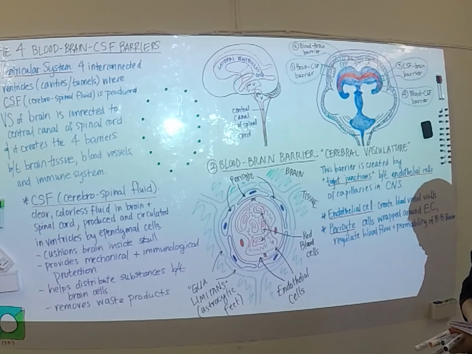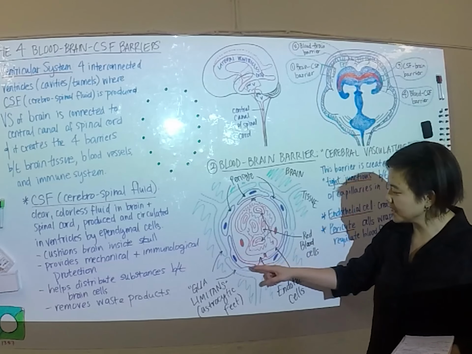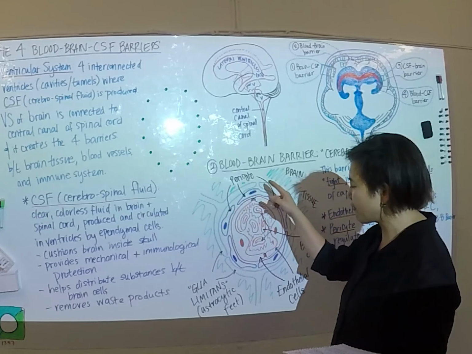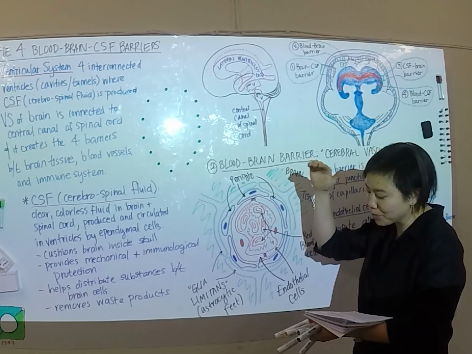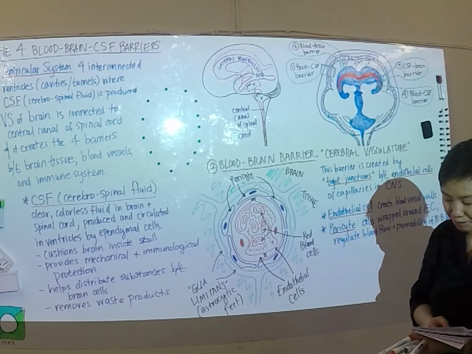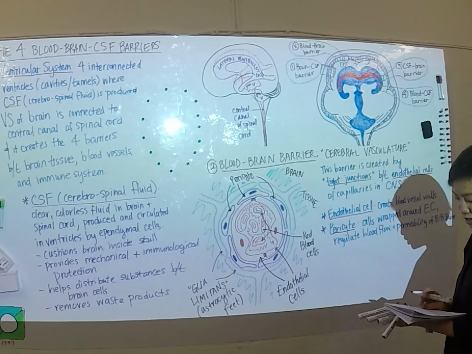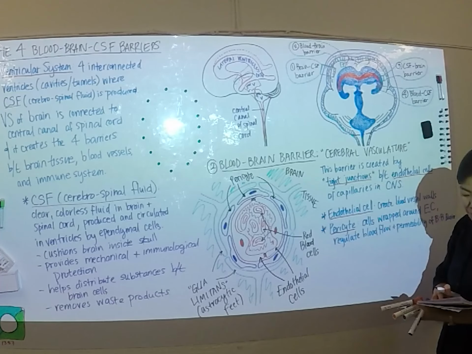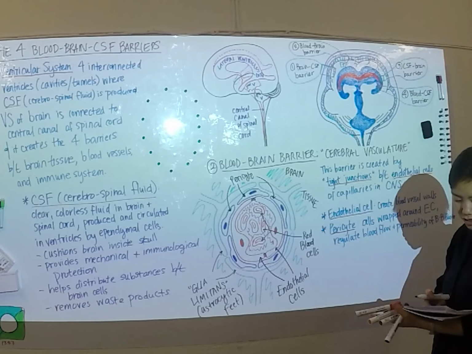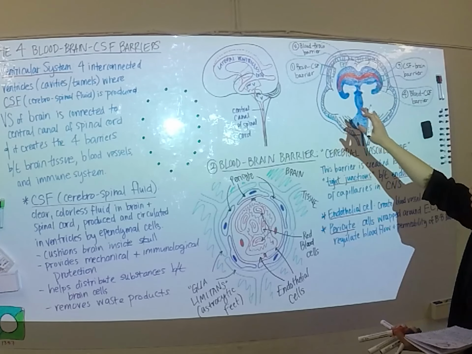Okay? And then we already learned about the glia limitans, the astrocytic feet, and they wrap around and support the endothelial cells. Okay, so this barrier separates circulating blood from the extracellular fluid surrounding central nervous system cells.